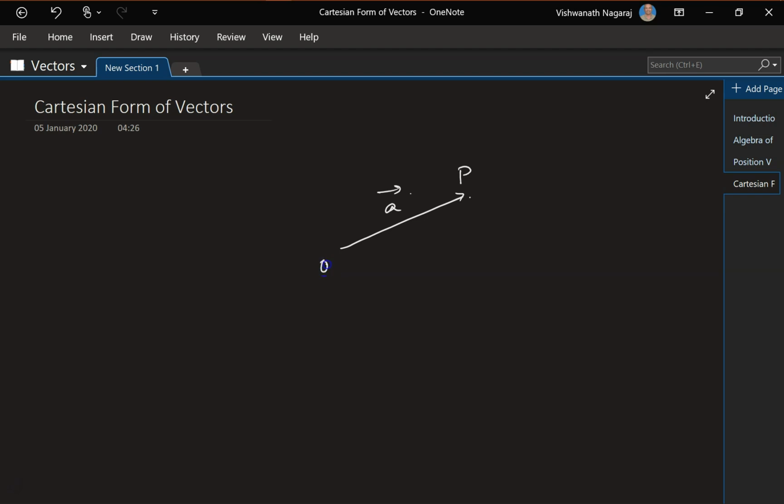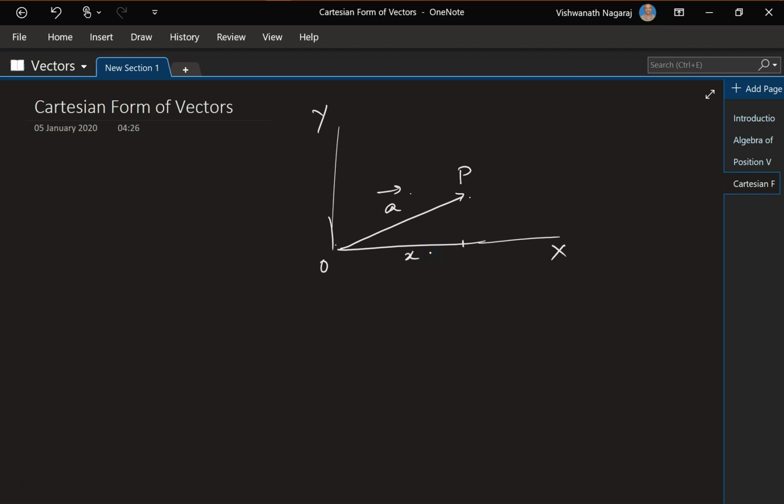So what we do is we build the coordinate system with O as the reference point. So this would be what? This would be our x-axis. This would be y-axis. So the moment we do this, what happens?